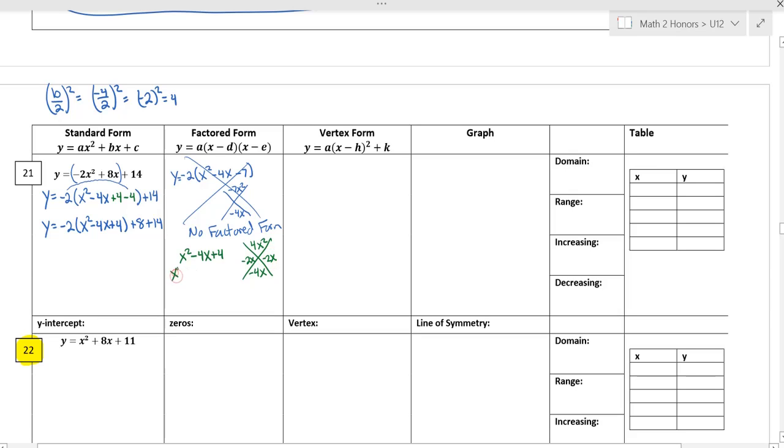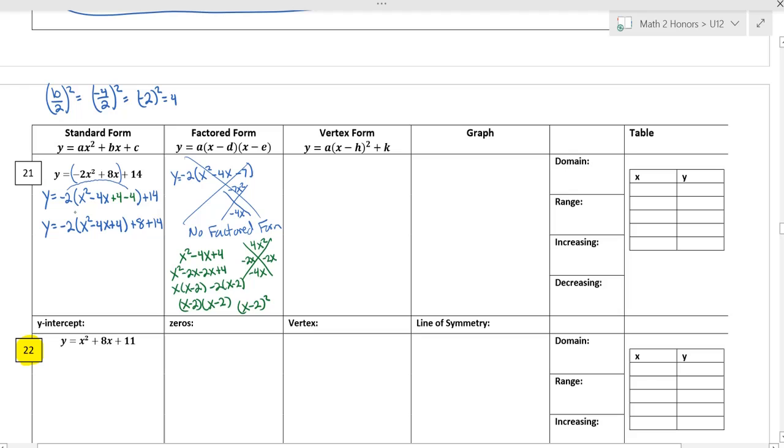If I continue to factor this, you see I get x minus 2 times x minus 2, and that's the same thing as x minus 2 squared.